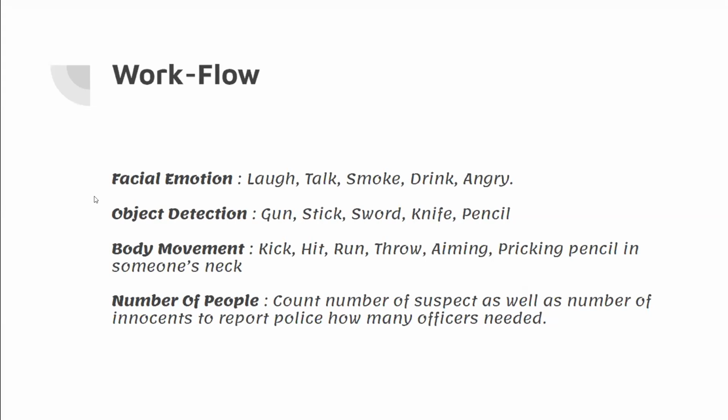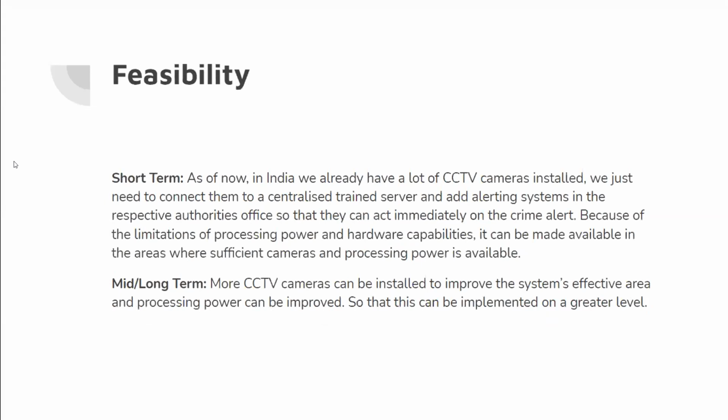Yes. So on feasibility in the short term, as of now, India already has a lot of CCTV cameras installed. We just need to connect them to a centralized, already trained server. And the nearest police authority is also added to the system. If suspicious activity is detected, the system will alert the police.